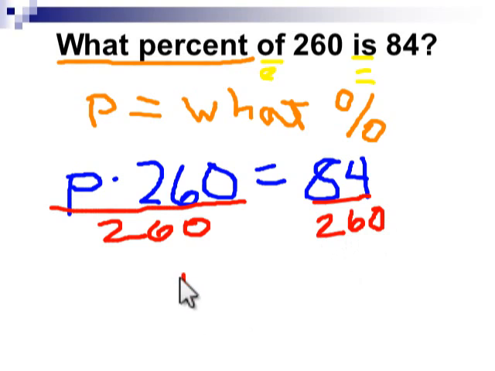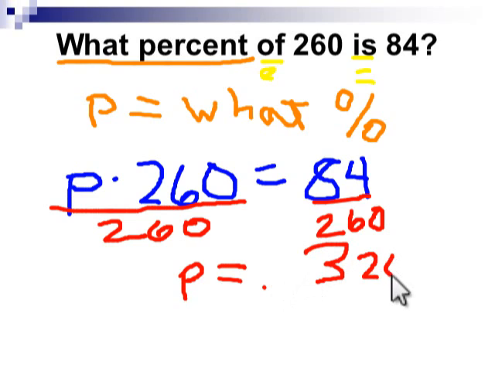And so then P equals the number 0.3230769, and it goes on for a really long time.